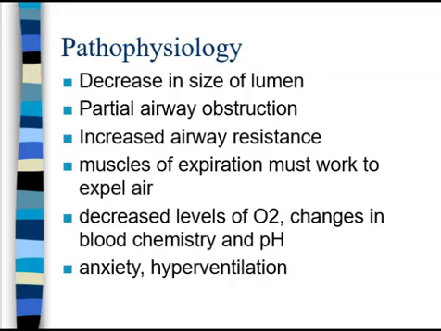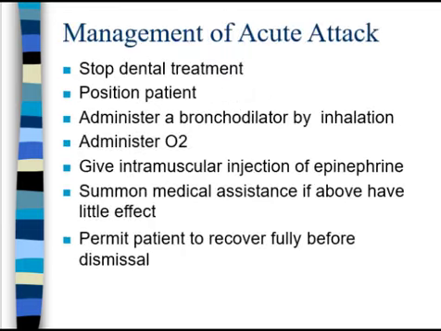As a result, your muscles of expiration, which are normally passive, don't even occur to you that you're doing it, have to work to expel air. And this airway obstruction leads to a decrease in the blood levels of oxygen, which changes our blood chemistry and the pH of our blood. So an untreated asthma attack can lead to a life-threatening situation because of changes in the blood chemistry and the blood pH. So how do we manage it?